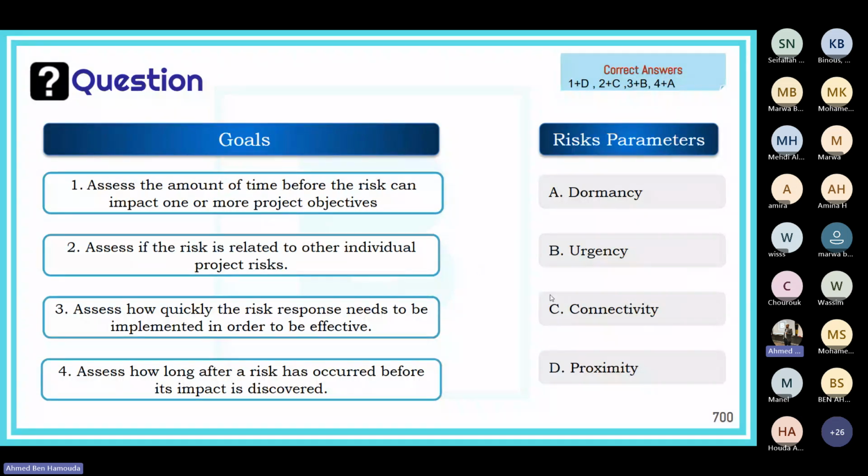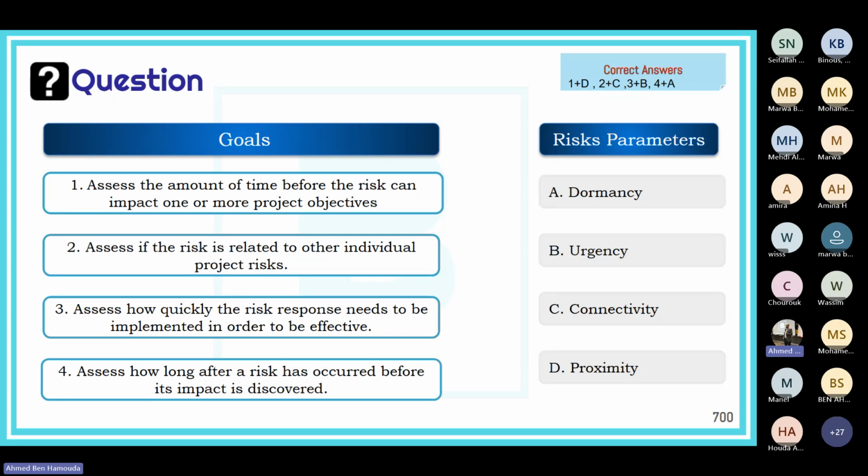So here we're talking about connectivity. The third description is how quickly to implement a risk response. So here we're talking about urgency. How quickly? Urgency. The last one is how long after it occurred we could discover the impact. So here we're talking about dormancy. Okay, so these are the correct answers for this drag and drop question.